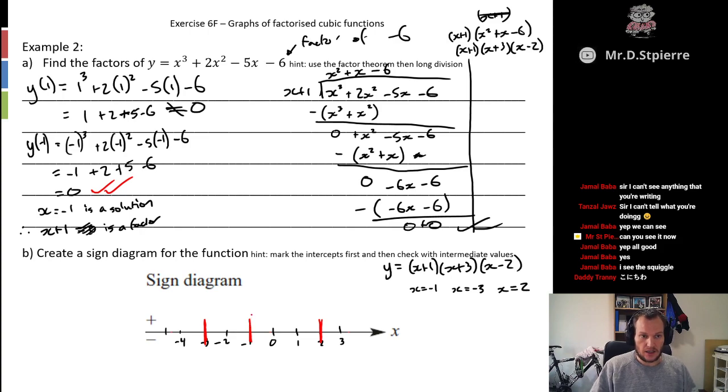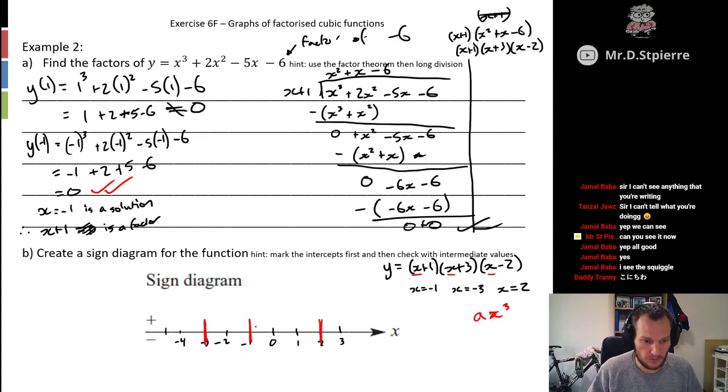Okay, we could use our trick. Sorry, I should say not when the graph is positive or negative, when the y value is positive or negative. We could use our trick of looking at the x cubed term, and is it positive or negative?